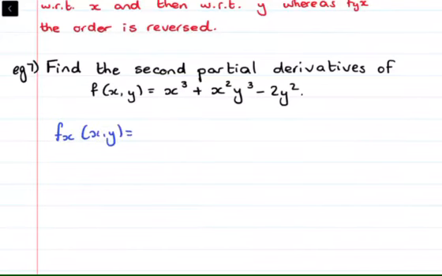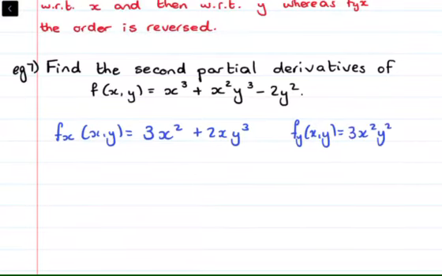That means that we are considering x's only, and everything that is y is taken as a constant. So we have 3x squared plus 2xy cubed. This is the function that we've already differentiated in the other example. And then fy at xy is 3x squared y squared minus 4y.